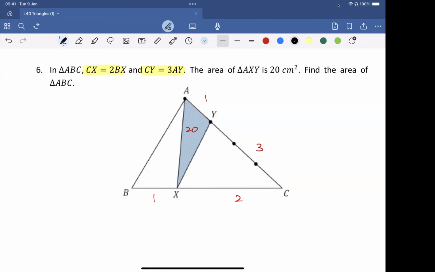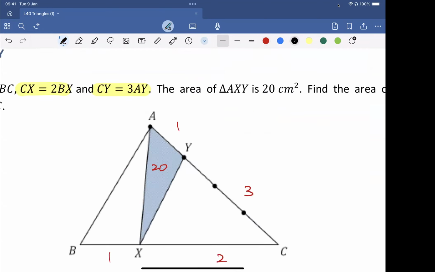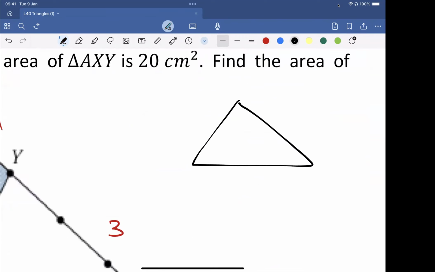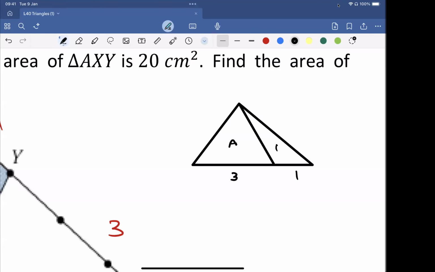Okay, don't worry, you're stuck, right? Let's go back to the basics. 3:1, A and B. If I tell you that this is 20, what is this? 60. Why?